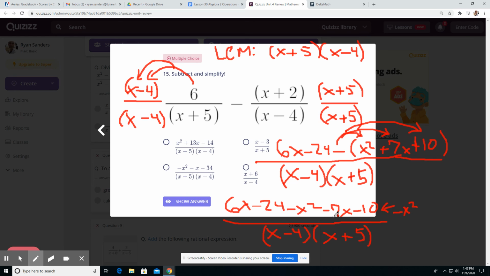Negative 7x and 6x is negative x. Negative 24 and negative 10 is negative 34. And if these two weren't the answer, then I would go ahead and try factoring it right here. But no, it does not factor. So it's this on top, this on bottom, which is exactly what that is.